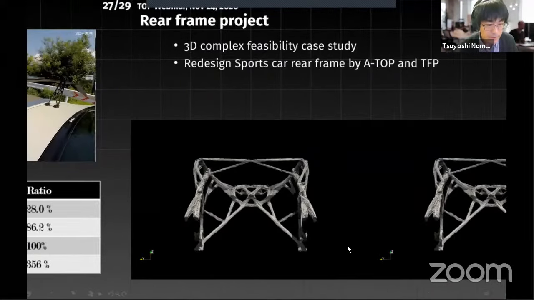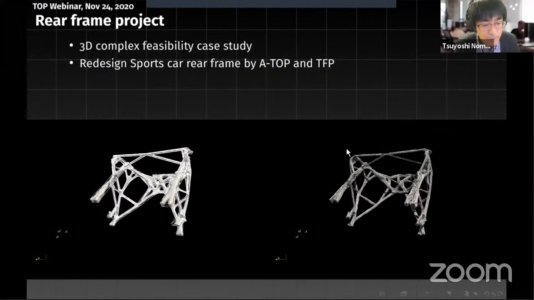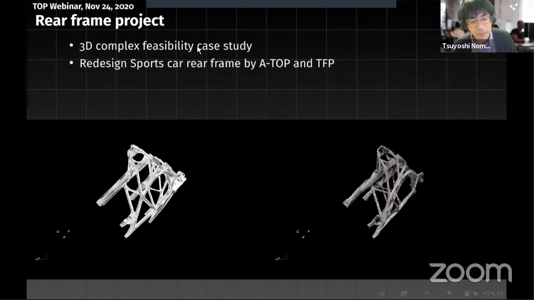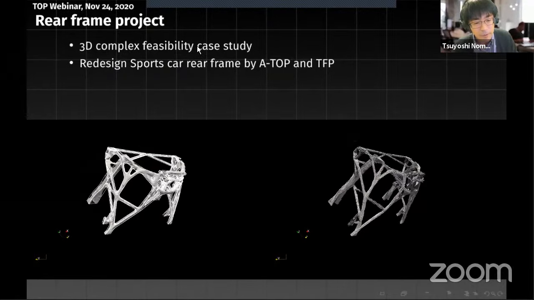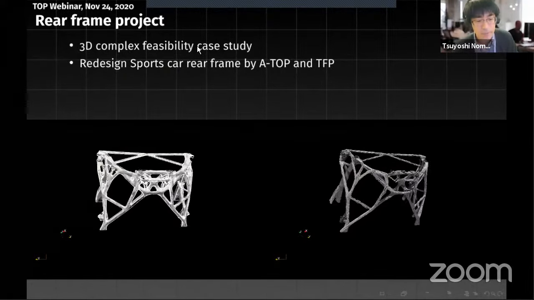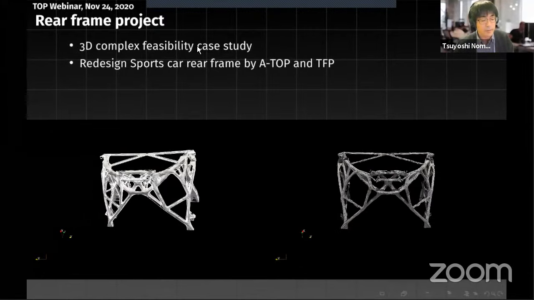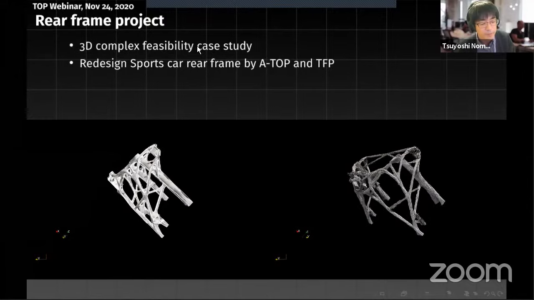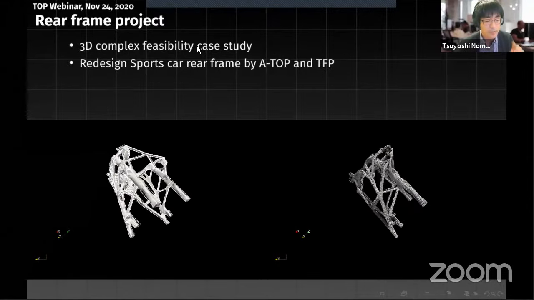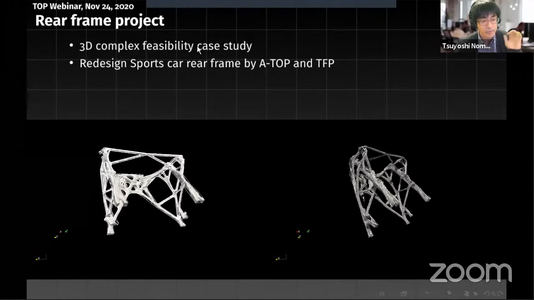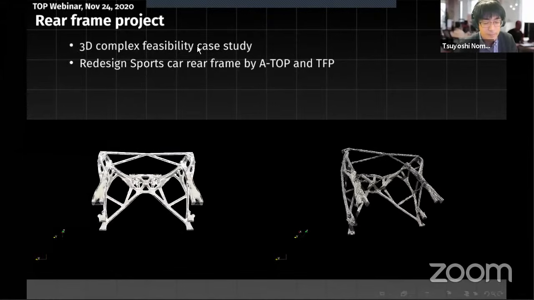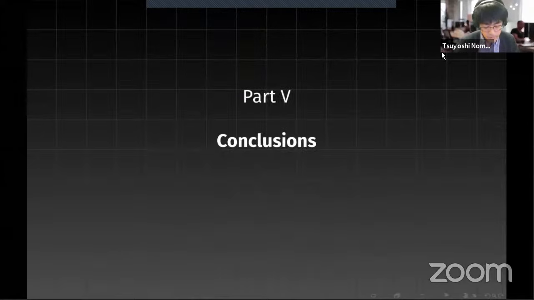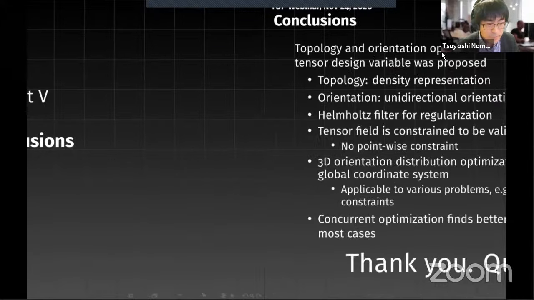And this is only showing the result, but we are also trying very complex 3D structures. It works okay for this kind of very practical, complex problem as well. These problems handle 7 load cases, but it still worked okay. Yes, that's it. This is the conclusion.